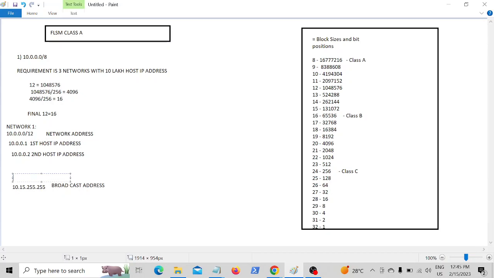Again, here I'm going to minus 1, so 10.14.255.255 will be the last host IP address.